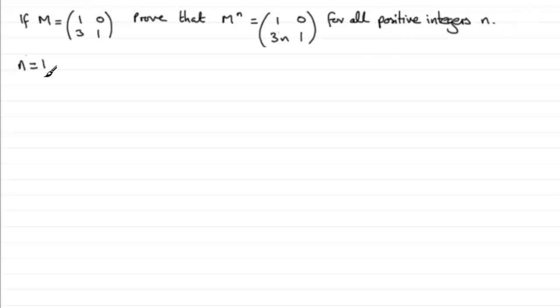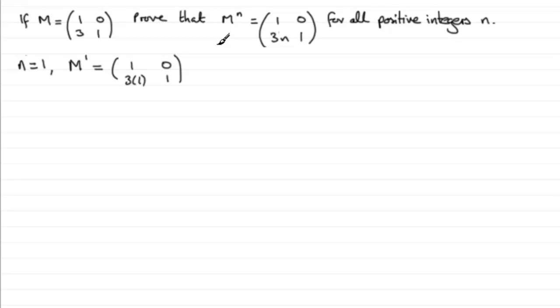So let's start by saying that when we have n equals 1, let's see what we would get through this for M to the power 1. So we would have M to the power 1 equals [1, 0; 3 times 1, 1]. I know that's going to be 3, but I'm just going to put that in there to show that I'm actually using this particular matrix.